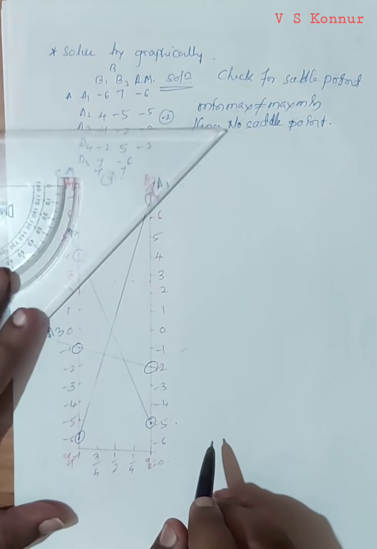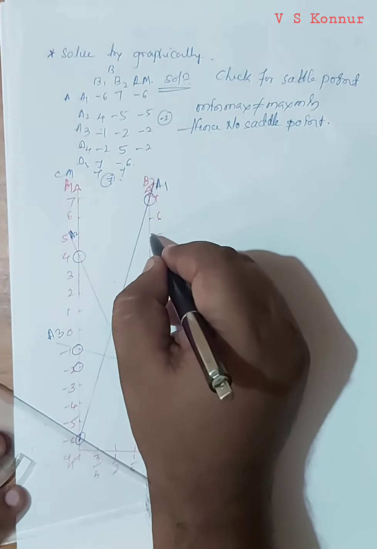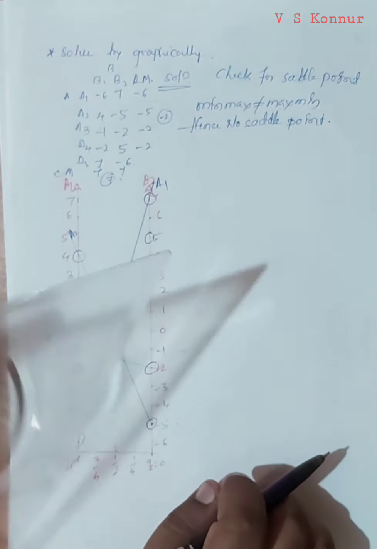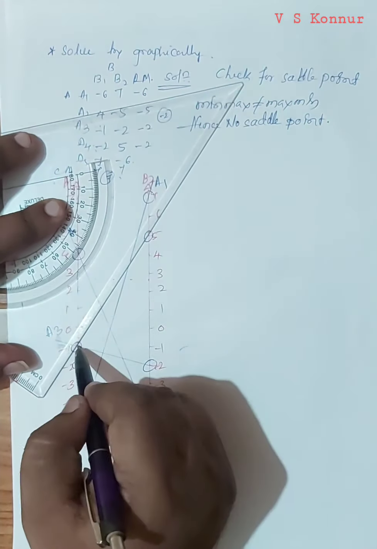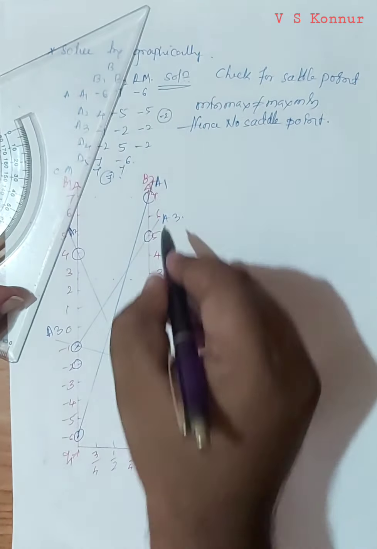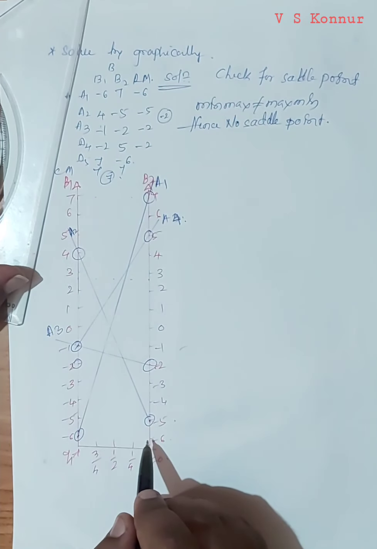A4 is minus 2 and 5. Minus 2 for B1, 5 for B2. So join these two lines. Call it as A4. Then A5 is there.